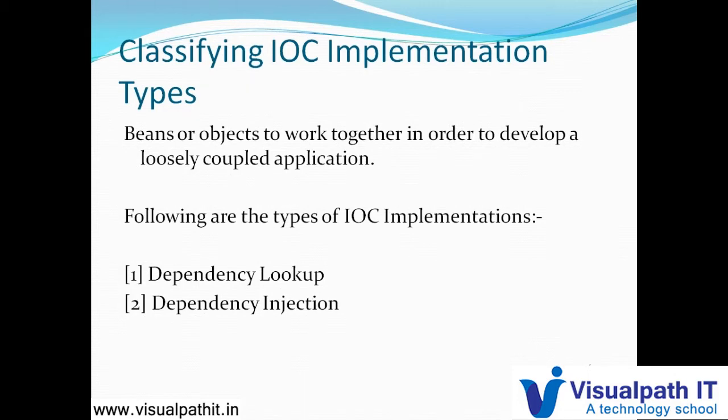What exactly is dependency lookup? When an object or a bean is searching for the dependent objects or beans or functions in the IOC container that are required for functioning of a particular Spring application, that is known as dependency lookup.